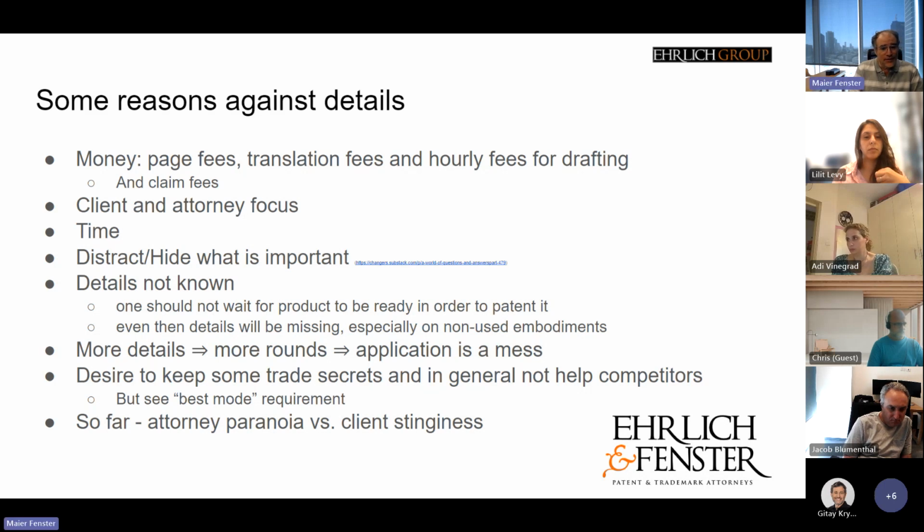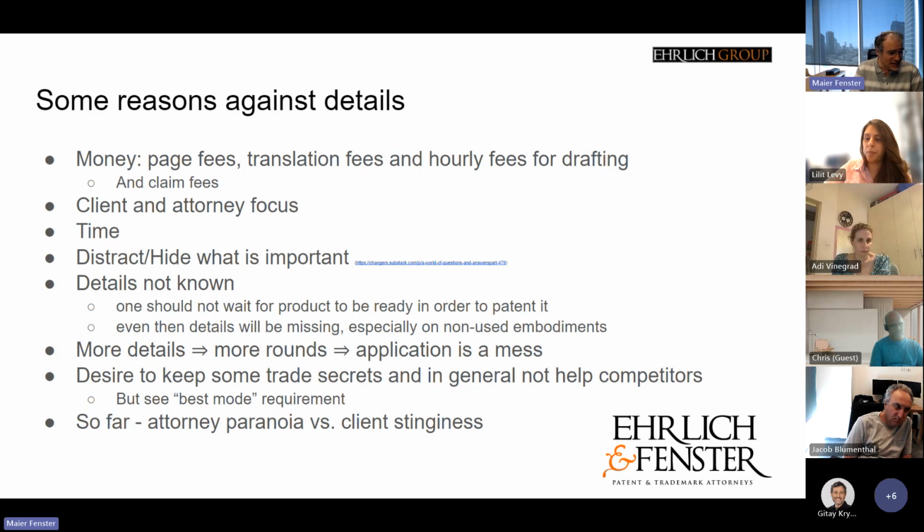You don't want to provide details to your competitor. I'm putting aside the best mode requirement. The more details you have, possibly, the easier it is for your competitor to copy you. So if I have to summarize all of this, on the one hand, we have the attorney who has some sort of paranoia about what happens if I don't have these details.